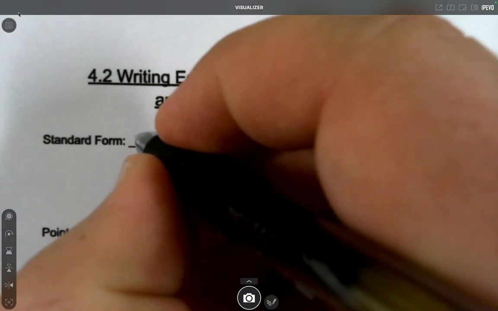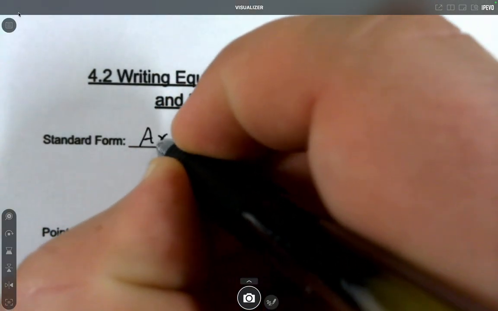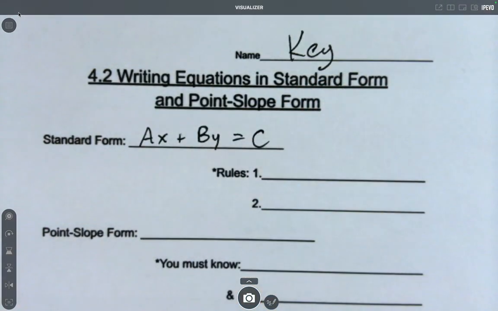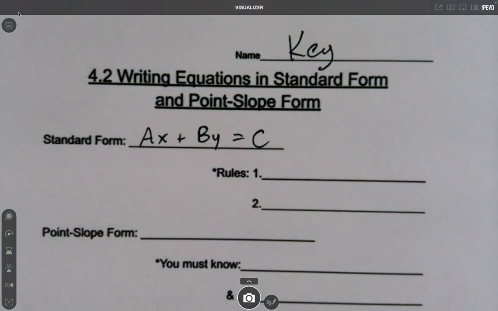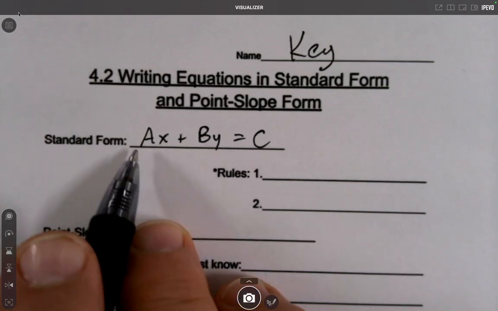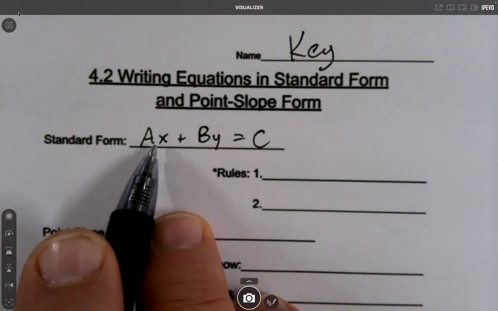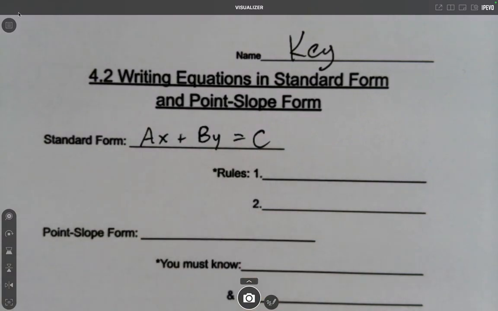So the standard form, as you may recall, takes on the form ax plus by equals c. A, b, and c are numbers. A and b are coefficients of x and y. C is a constant.